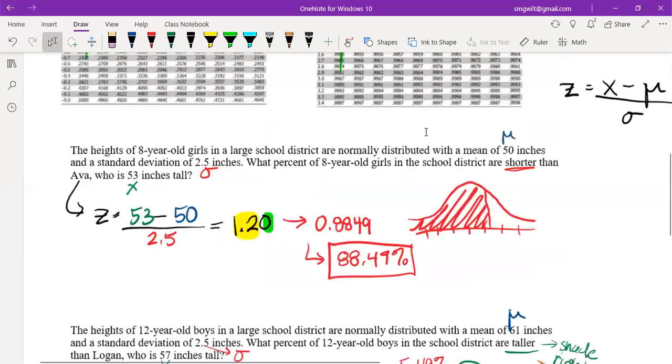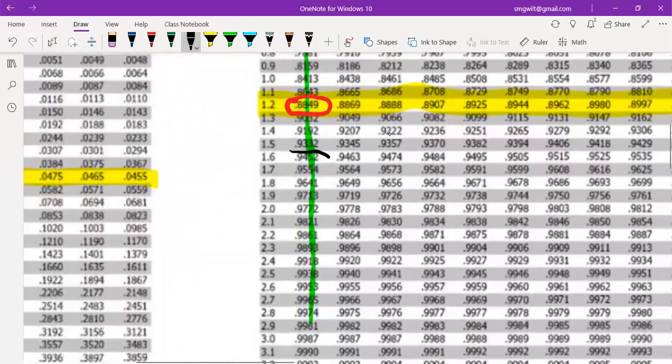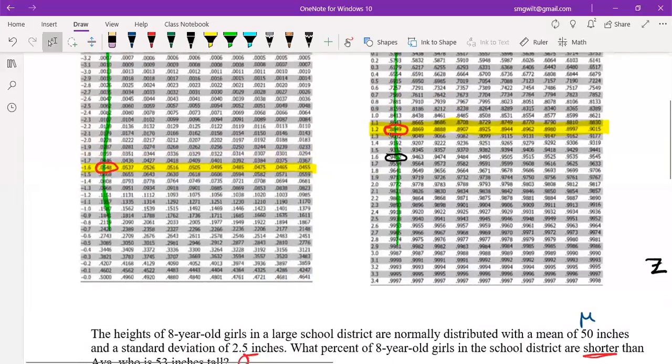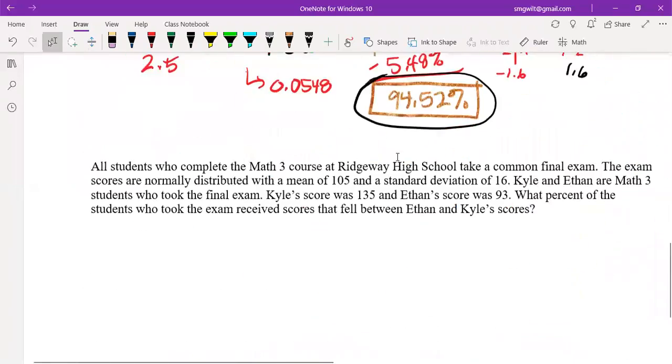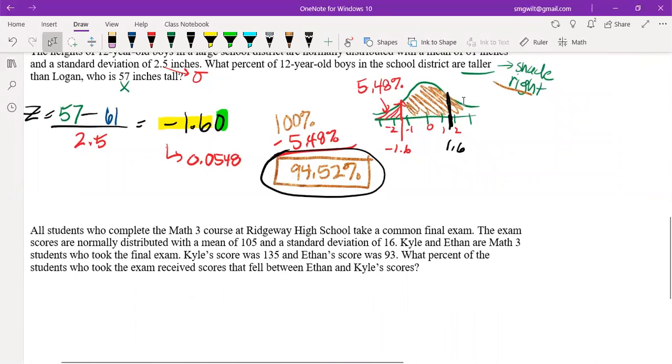Look at that, I get 0.9452, 94.52%. So instead of having to subtract from 100, if I'm looking for something shaded to the right instead of to the left, I can look at the opposite z-score. And then I don't have to subtract from 100.